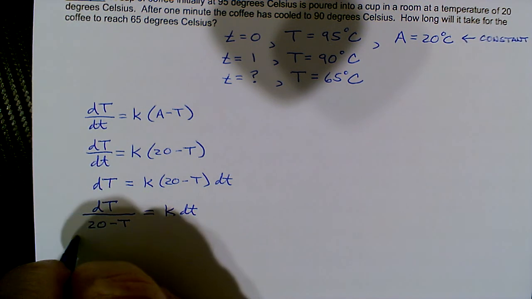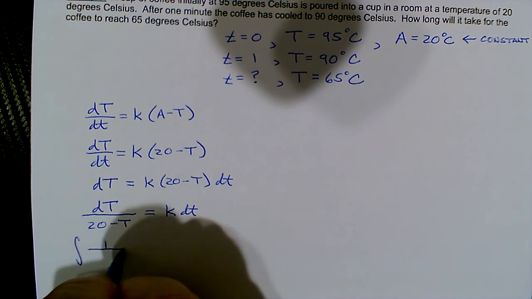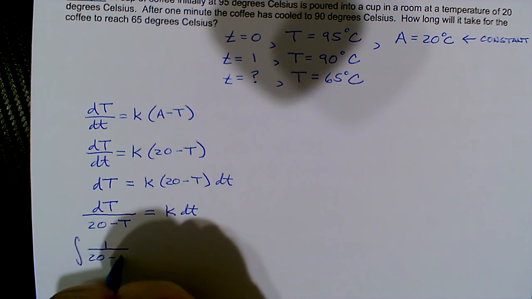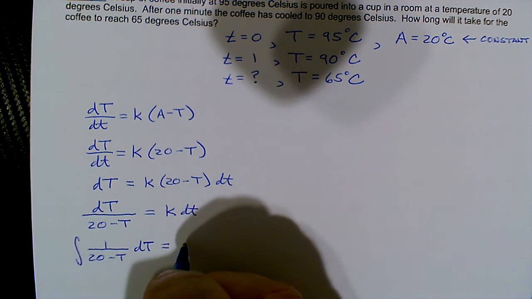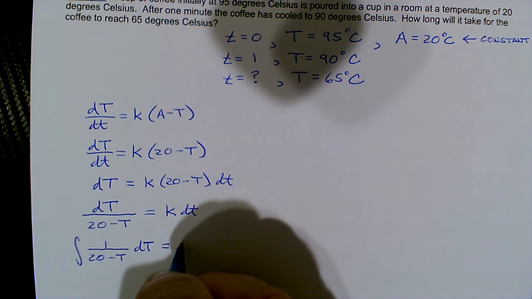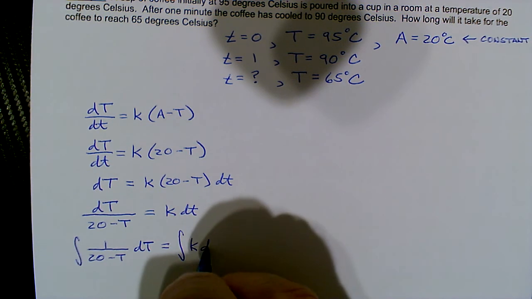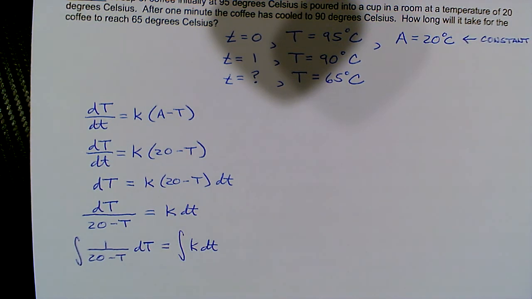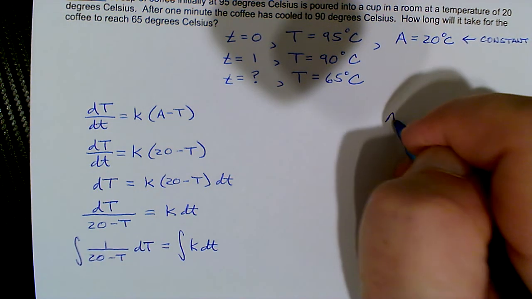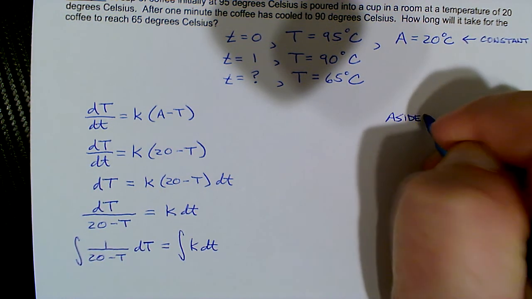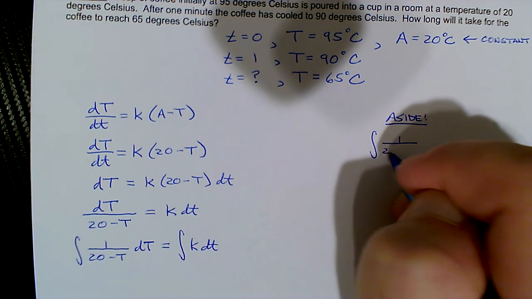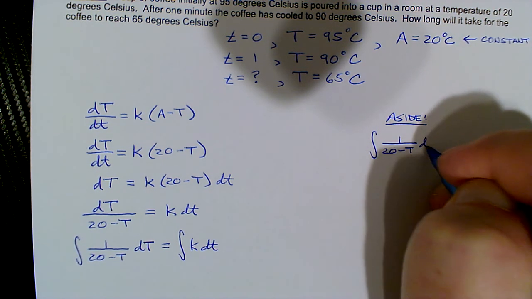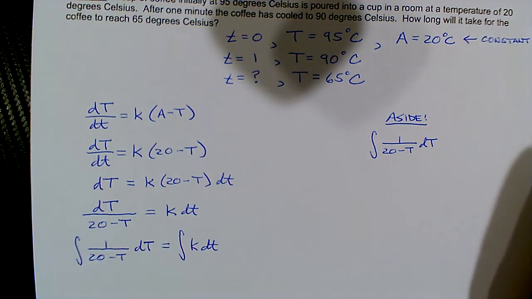I'm going to integrate: the integral of 1 over 20 minus T times the differential of temperature dT, and the integral of k times dt. Certainly we can integrate the right-hand side easily. But for the integral, I'm going to go off to the side here. You have to be very careful about this one. For the integral of 1 over 20 minus uppercase T with respect to T, you have to actually consider a u substitution.